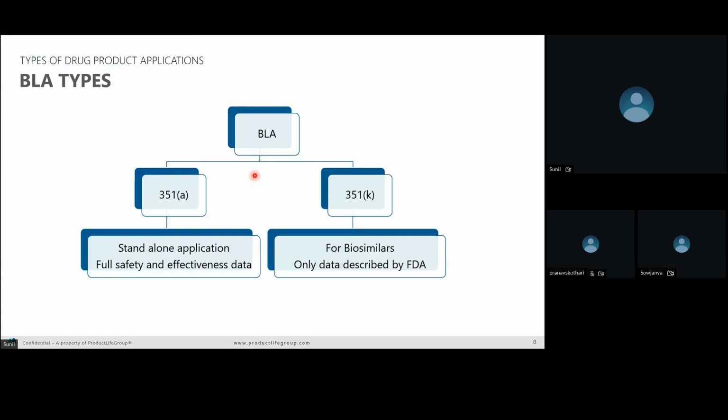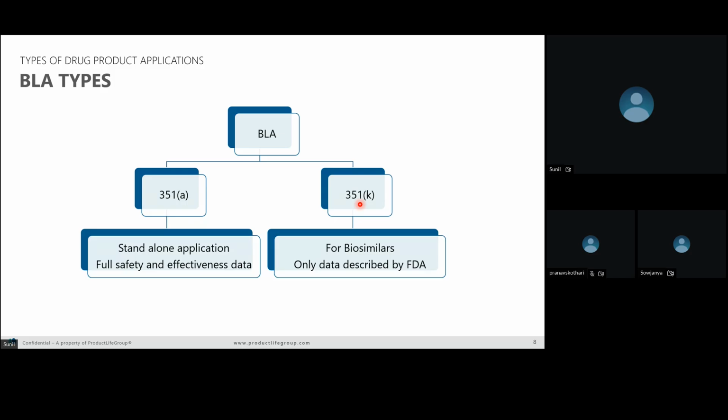BLA is of two types: Section 351A under the PHS Act and Section 351K under the PHS Act. Like in NDA, we had 505(b)(1) and 505(b)(2) under the FDNC Act.